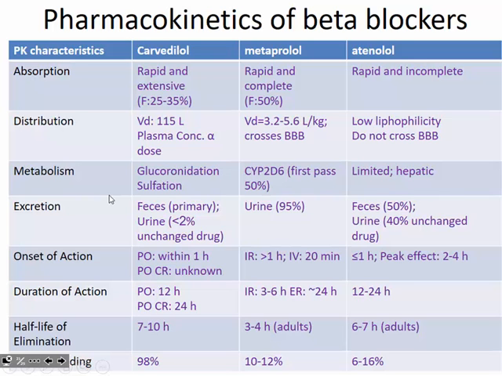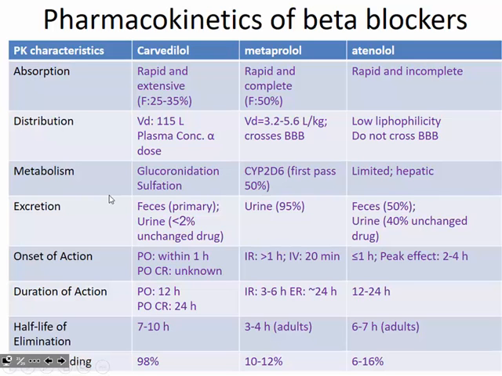Okay, and if you look at metoprolol, this 95% is not just parent drug but also metabolites. There's a significant amount of it getting through urine. If you look at unchanged parent, it's only 5%. Okay, so don't get misled. This is all total parent and metabolites together.